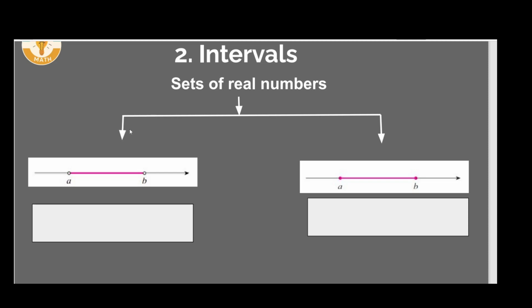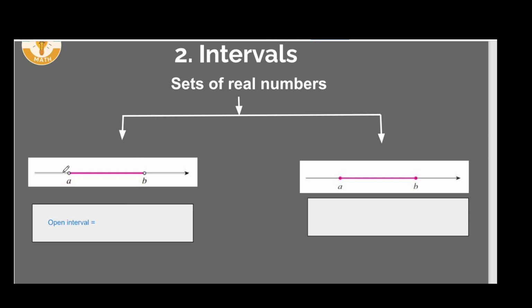And there are two types of intervals: open intervals and closed intervals. So here are two pictures which show an open interval and a closed interval. The one on the left we call an open interval. So why do we call it an open interval? Let's look at the diagram.